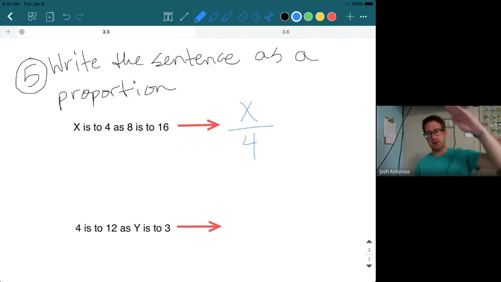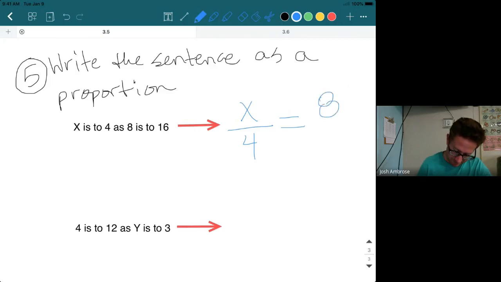So X goes first, it's on top. 4 goes second, it's on the bottom. As 8 is to 16. That's it. That's all we're looking for here. Just write the proportion from the given sentence. They don't ask you to solve it.